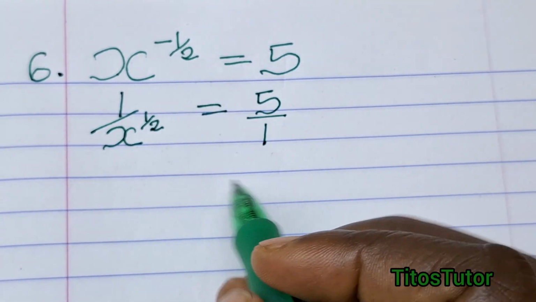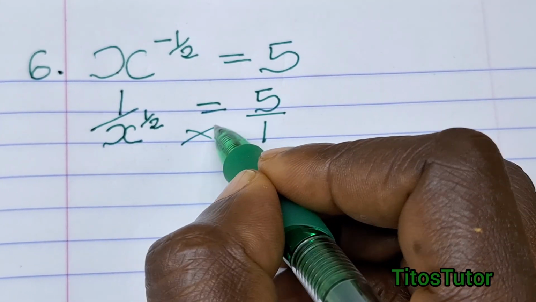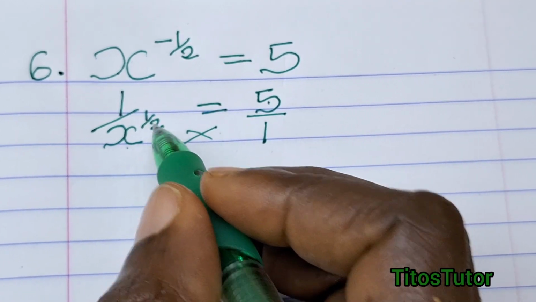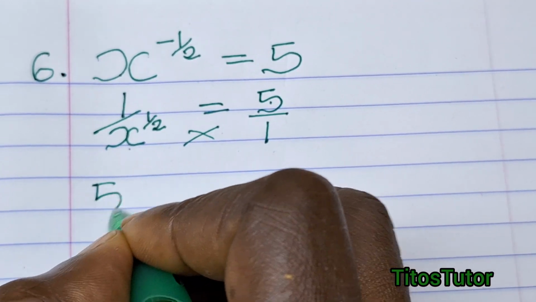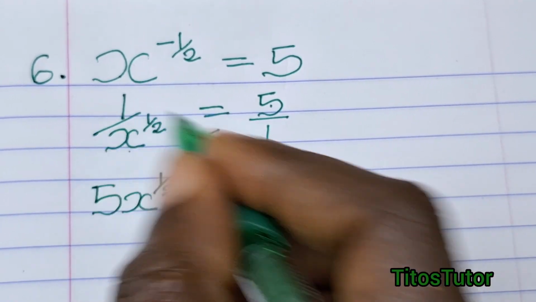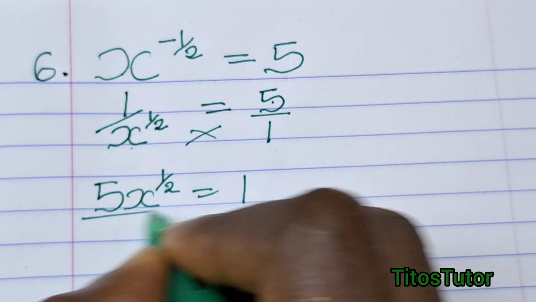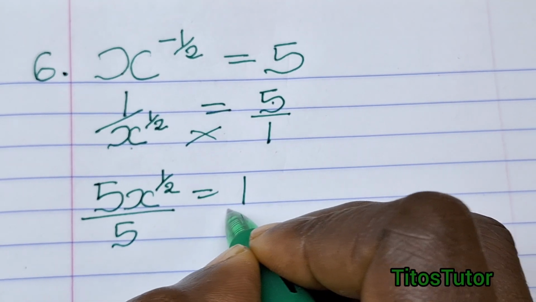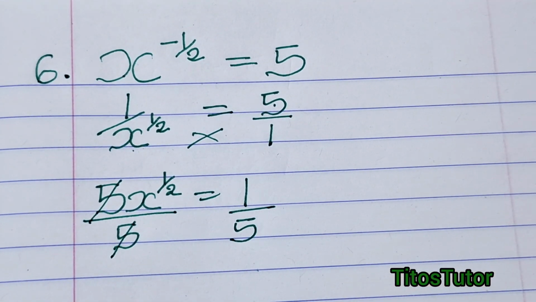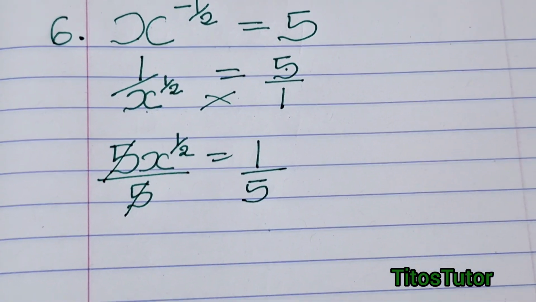When two fractions equate each other, you cross multiply. So here I have 5 multiplied by x raised to the power of 1 over 2 is 5x to the power of 1 over 2. 1 times 1 is 1. So I'm going to divide this by 5 and divide this by 5 as well, because my aim is to make sure that x stands on its own.